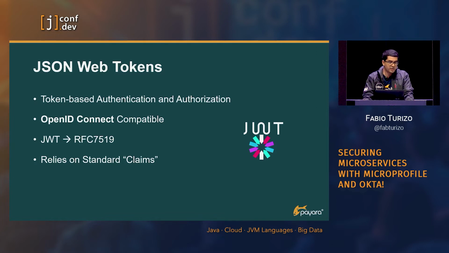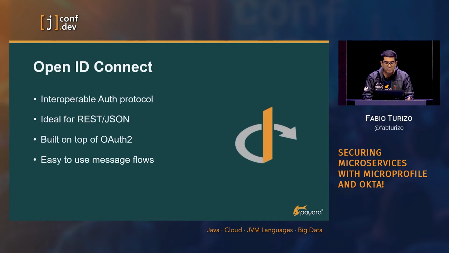So this is not new. This is a standard based on RFC 7519. I won't go into details because, again, it is fairly popular online and you can get any information about it anywhere. And the intention is that since it's a standard, it relies on a set of standard claims that anyone can simply validate. You can code your application, making sure that if you receive a JSON Web Token, you are sure what you're getting. And JSON Web Token is supported on top of OpenID Connect, which is an interoperable authentication protocol.